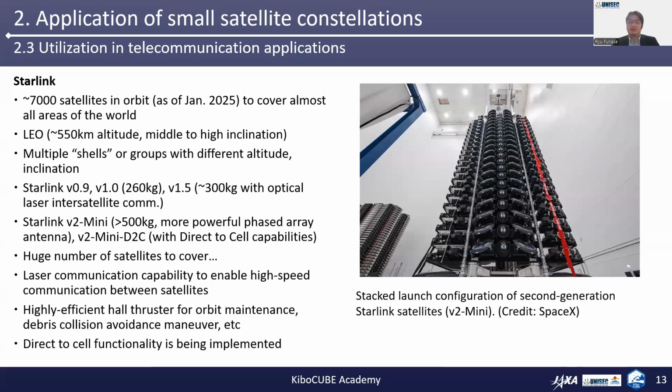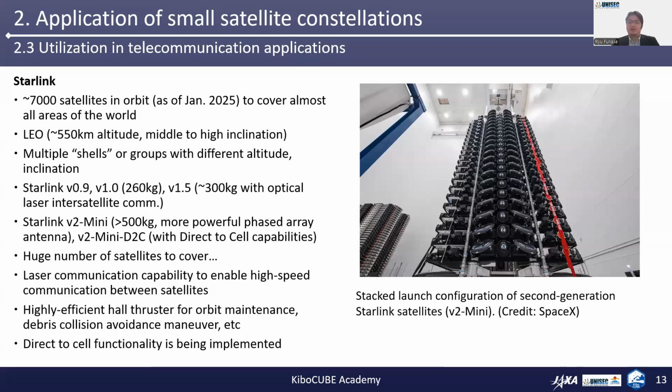In addition to increasing the number of satellites to improve coverage, the ability to relay communications at high speed is being expanded through high-speed optical communications between satellites. In addition, the use of highly efficient Hall thrusters has made it possible to maintain orbit and avoid collisions with debris. Direct communications with cellular phones on the ground is also being implemented.